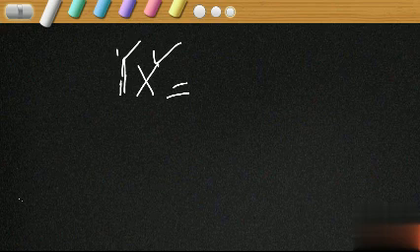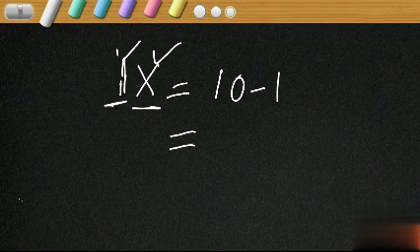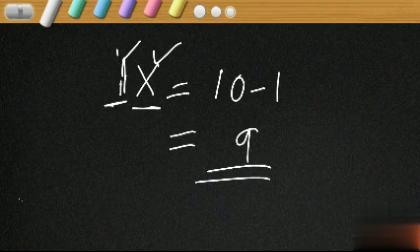So here also a smaller numeral I is written on the left side of the greater numeral X. So the smaller one has to be subtracted from the greater one. That means we have to subtract 1 from 10. That means 10 minus 1. What is 10 minus 1? 9. Is it clear?